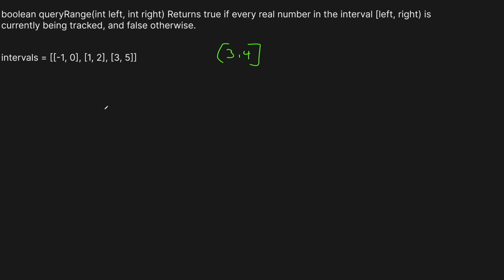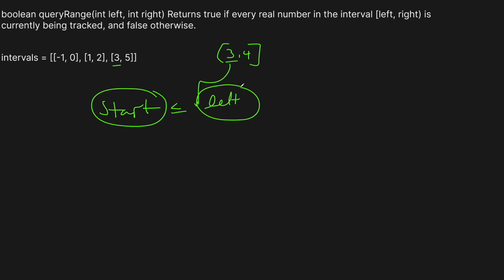So what we want to do here is basically binary search, and what we're searching for is the interval whose start is as large as possible, but also satisfying start is less than or equal to whatever this left value is, right? And obviously this makes sense, right? Start can't be greater than left, because then we wouldn't even have the interval, right? If we found a value where start was greater than the left starting point of our interval, then obviously it doesn't contain that start point.